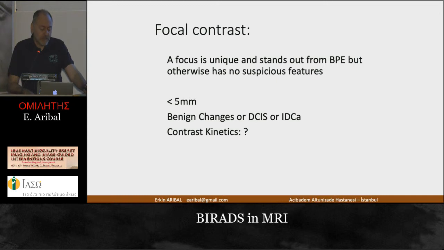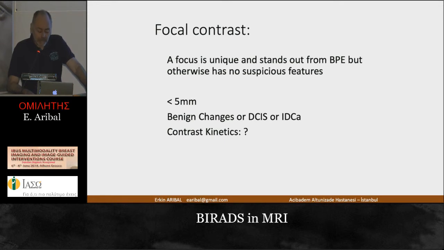It's smaller than 5 millimeters. It can be caused by benign changes or malignant lesions. Contrast kinetics may help, but may not. T2 weighted images can help. They may show high bright signal intensity, which is a feature of benignity most of the time.